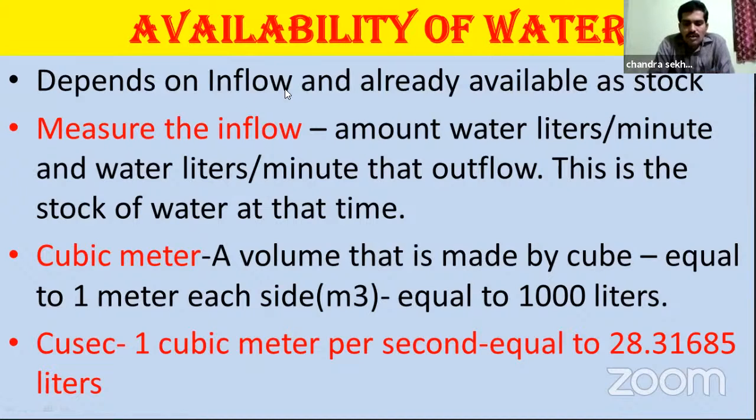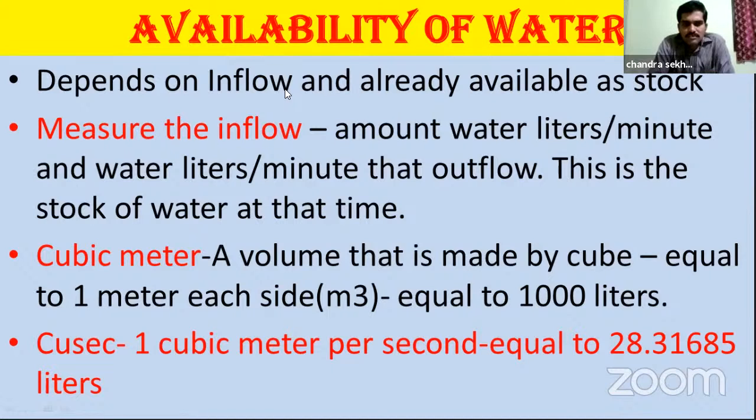Okay, so how can we measure the inflow? In the rainy season, in newspapers and TV news channels, we hear news about reservoirs, how much water is coming into the reservoir and how much water is going out from the reservoir. So many such news items we hear. So how can we measure the inflow or outflow? The amount of water is measured in liters per minute.